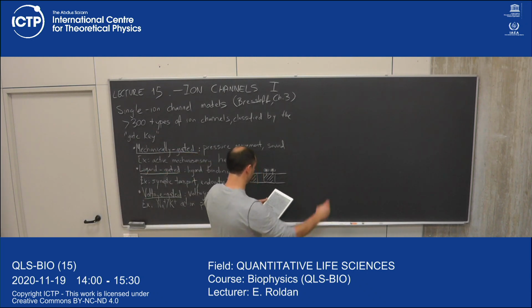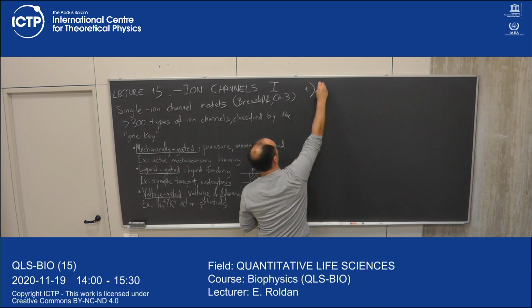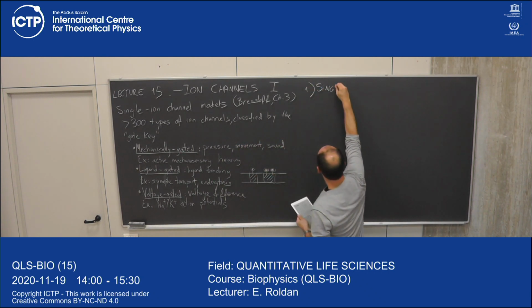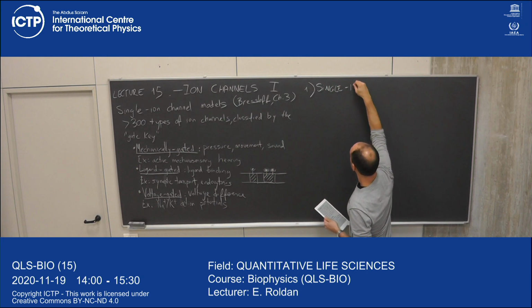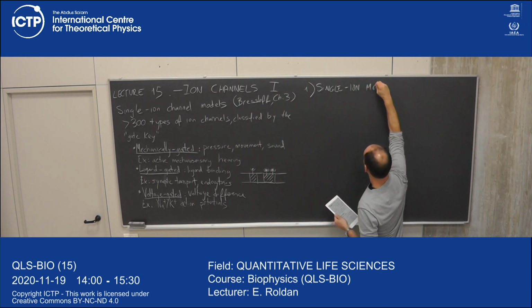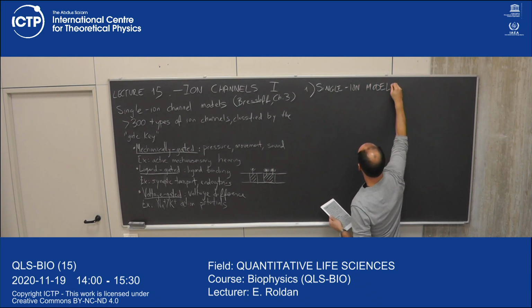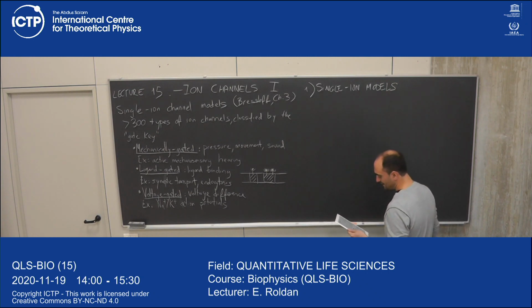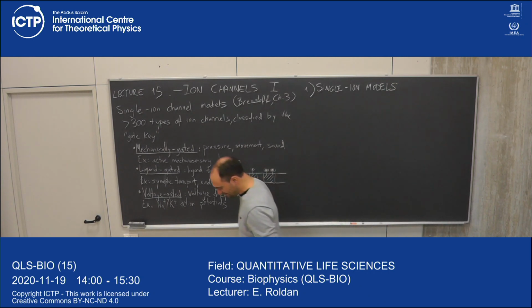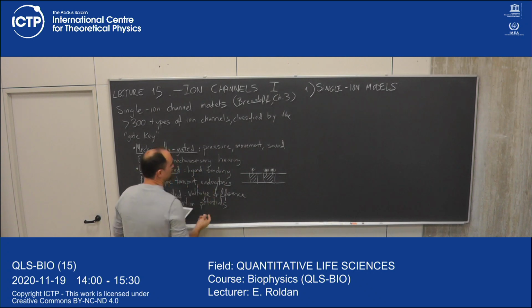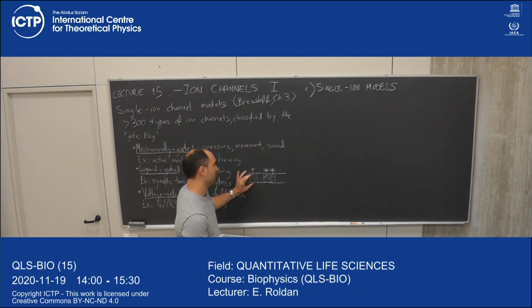I'll go first to the single ion channel model. This will be an ion channel that could be closed or open. Something very important is that we can make models with different amounts of detail.